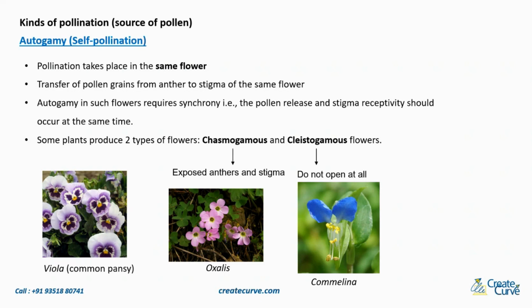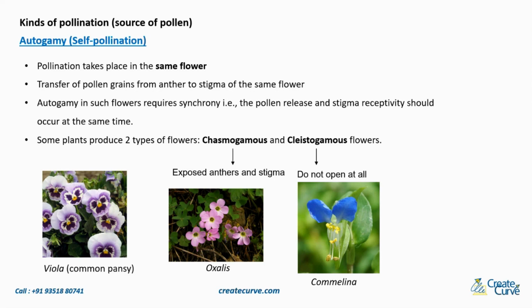Let us say the pollen grains are released, but the stigma right now is not accepting the pollen grain. So what is going to happen? These pollen grains are going to get wasted, correct? So there has to be a sync between the pollen grain release and the stigma. In the sense, when the pollen grains are released, the stigma should be receptive to accept the pollen grains.